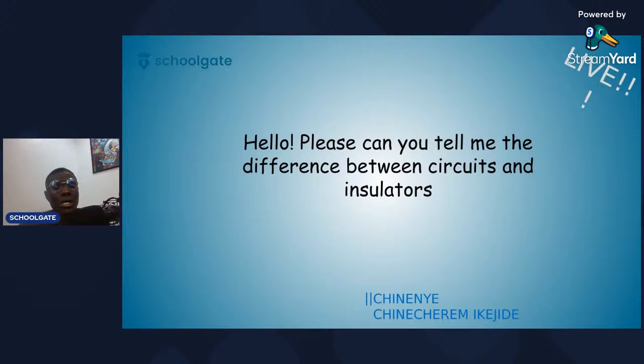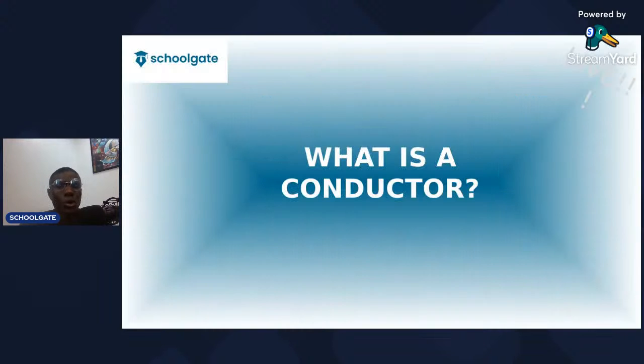Before knowing the difference between circuits and insulators, we need to first understand it from the basics. We have talked about conductors, insulators and circuits, so let's start from the basics. First of all, what is a conductor?